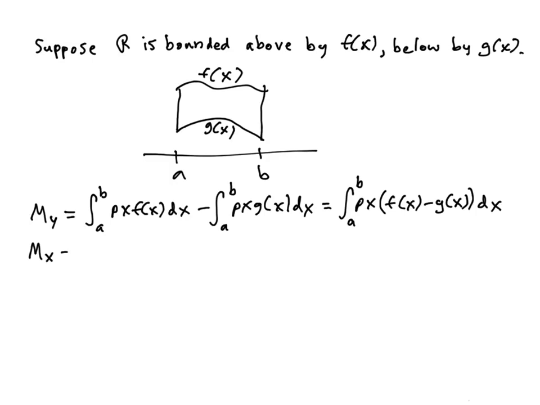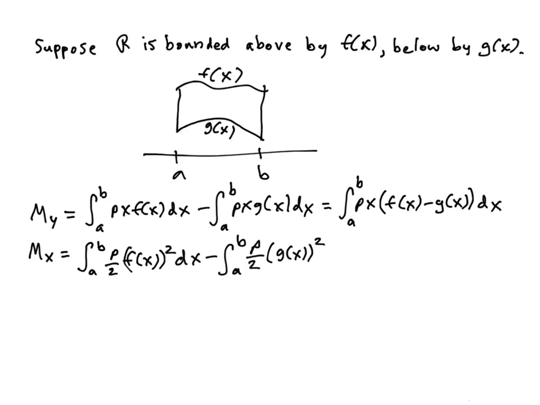What would the moment with respect to x be? This is going to be, you just subtract both of them. So this would be rho over 2 times f of x squared dx minus the integral from a to b of rho over 2 times g of x squared dx.